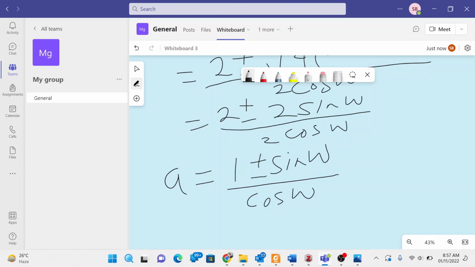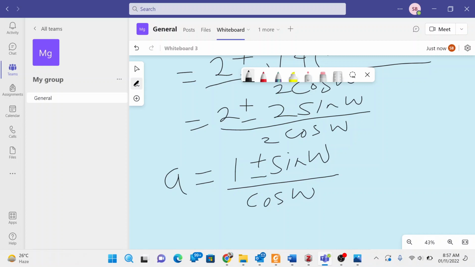That is what will make the system stable, because if you choose 1 plus sine omega, an increase in the value of omega will not make this converge. So for it to converge, you need to choose 1 minus sine omega.